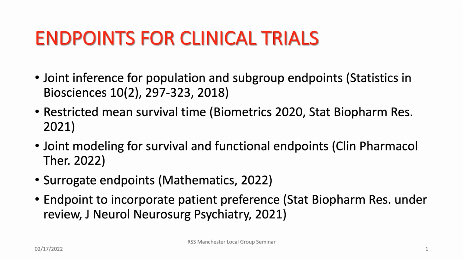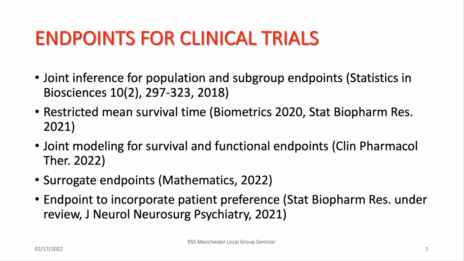Here, I just listed some of the work that I finished recently on endpoints for clinical trials, including joint inferences. That's the same endpoint, but you have a population and a subgroup, and you want to make inference simultaneously. There's also survival analysis, where instead of using Cox proportional hazards, I look at restricted mean survival time.